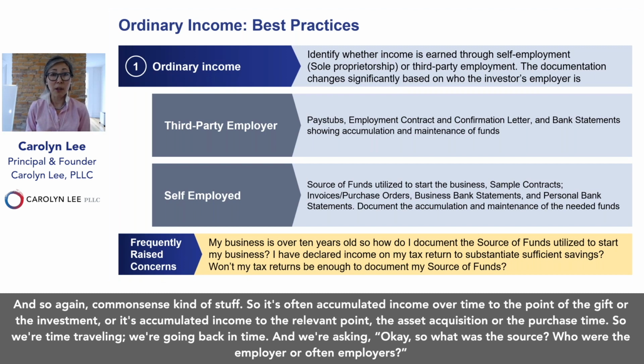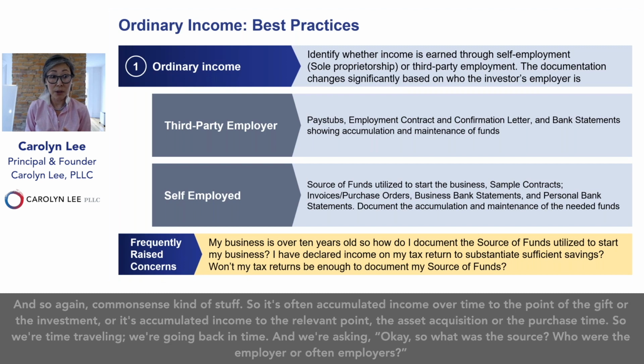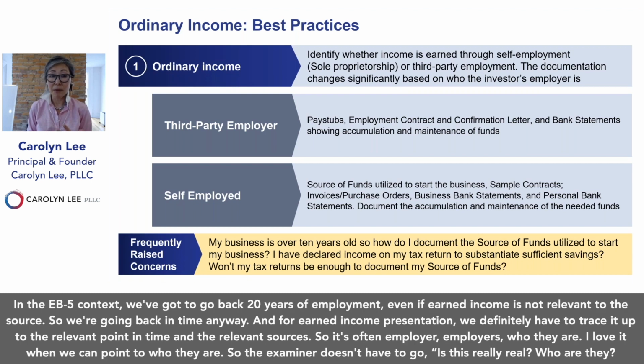Who were the employer or often employers? In the EB-5 context, we've got to go back 20 years of employment, even if earned income is not relevant to the source, so we're going back in time anyway. And for earned income presentation, we definitely have to trace it up to the relevant point in time and the relevant sources. So it's often employers, who they are.